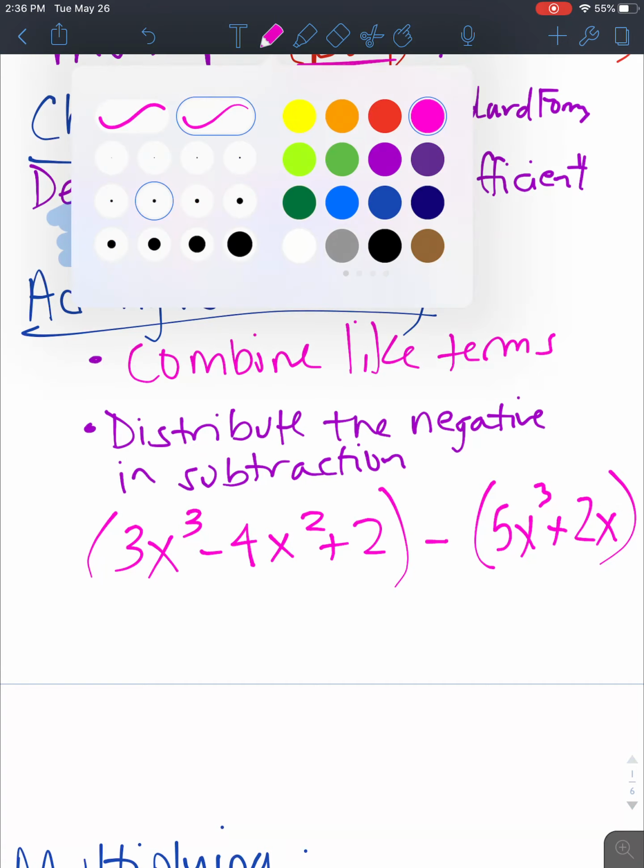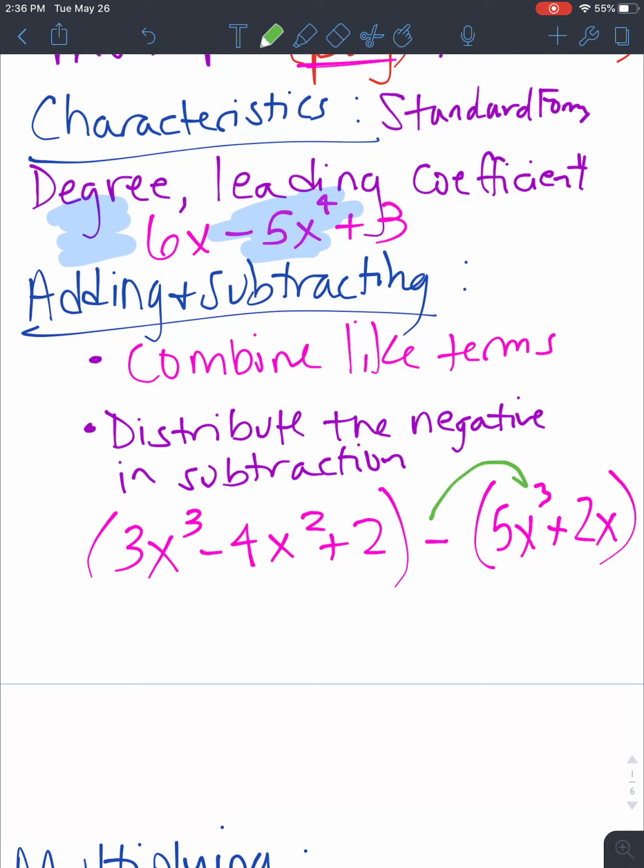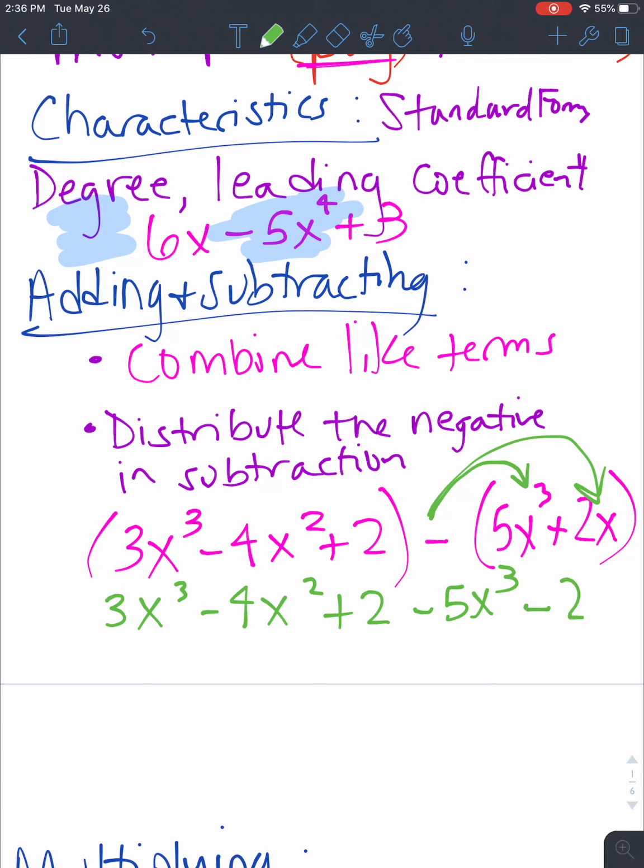We have to remember that our first step is always to distribute this negative inside. But it doesn't just go to the first term, it goes to all of the terms. So our next step would be 3x cubed minus 4x squared plus 2 minus 5x cubed and then minus 2x, because I had to distribute in that negative.